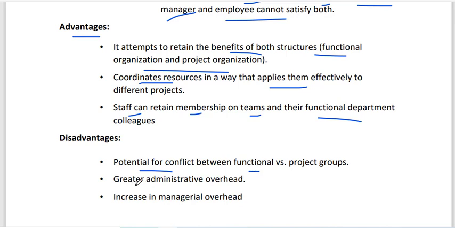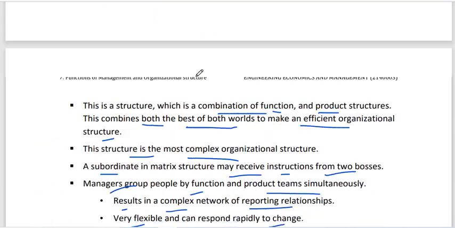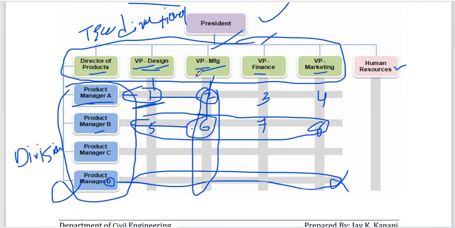Then there is greater administration, as I said, product managers A, B, C and D, and also the vice president, different types, so there is more administrative overhead. Also there is an increase in manager overhead. These are all managers, so we have to pay salaries per their product manager and per their vice president. So it becomes a somewhat costly and complex structure.